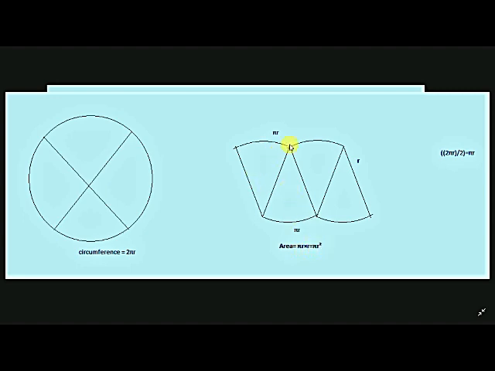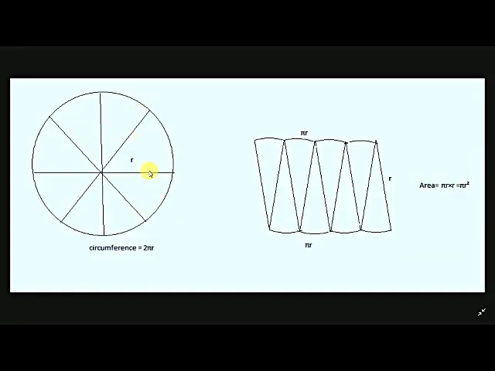I know this figure is quite abnormal to consider as a rectangle, so if we divide this circle into some more parts like that and perform the same operation, the parts are arranged like this, so we see that half of the circumference is here, pi r, and half of the circumference is here, pi r, and the radius of the circle is r.